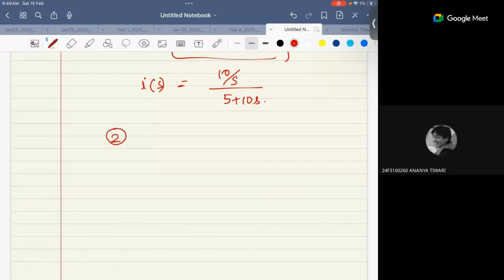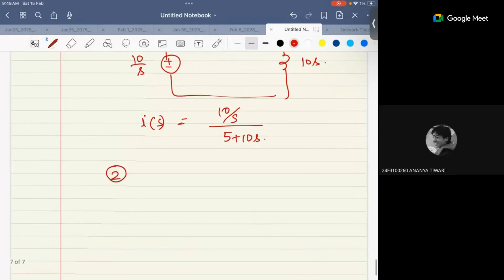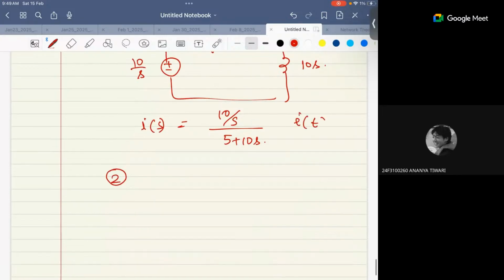Second case, second example, you have to calculate. The second question is also the same, like you have to calculate the I. So you calculate I(s) first, as in the first question, and then for I(t) you can take the inverse of that.